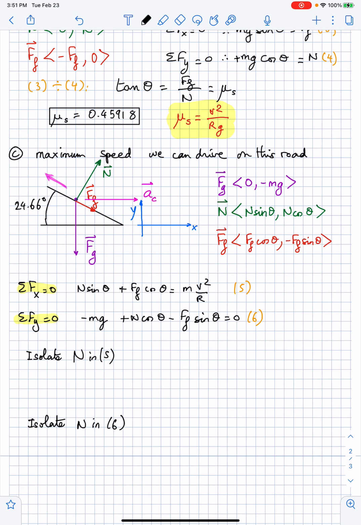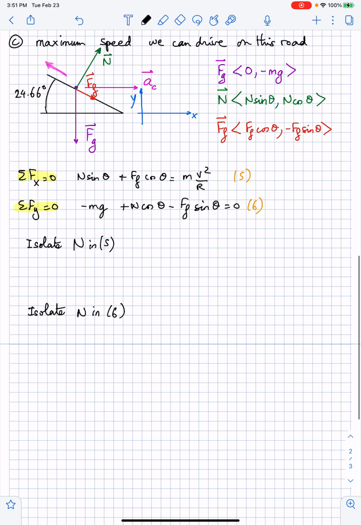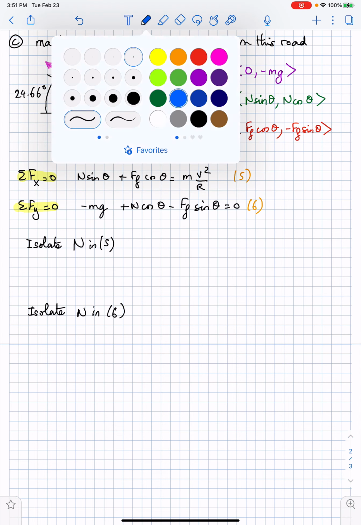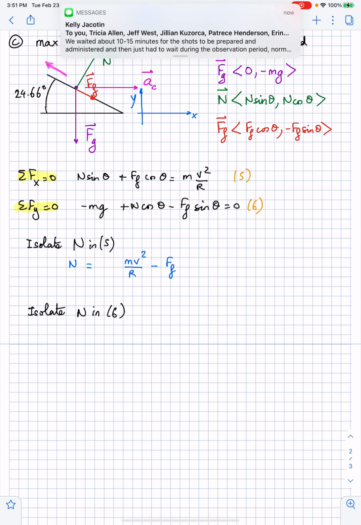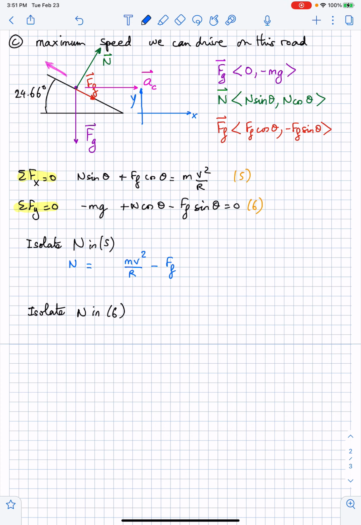Let's keep in mind what we are trying to do. We are trying to find v right here. Okay. So let me change color so that it's easier to see. So you're going to have n is equal to mv squared over r minus the force of friction right here times cosine theta.